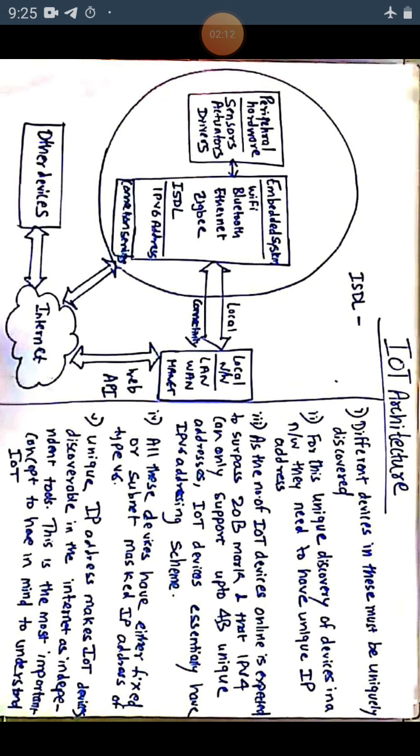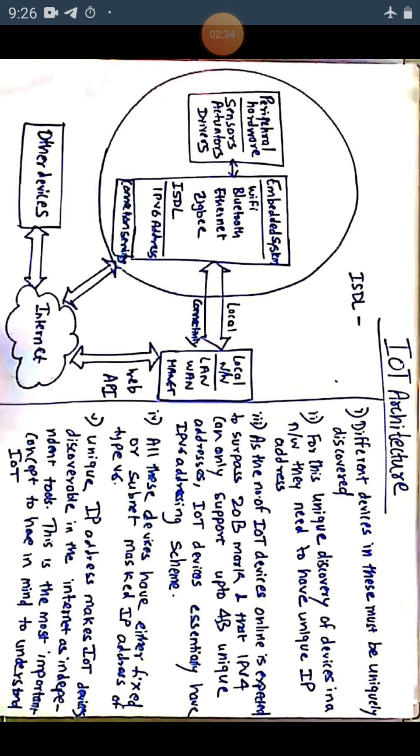Now, in this embedded system you can see Wi-Fi, that stands for wireless fidelity, again for internet connection. You can see another, Bluetooth, and Bluetooth is for short range distances. Another term, Zigbee, stands for short distance communication for internet transfer.